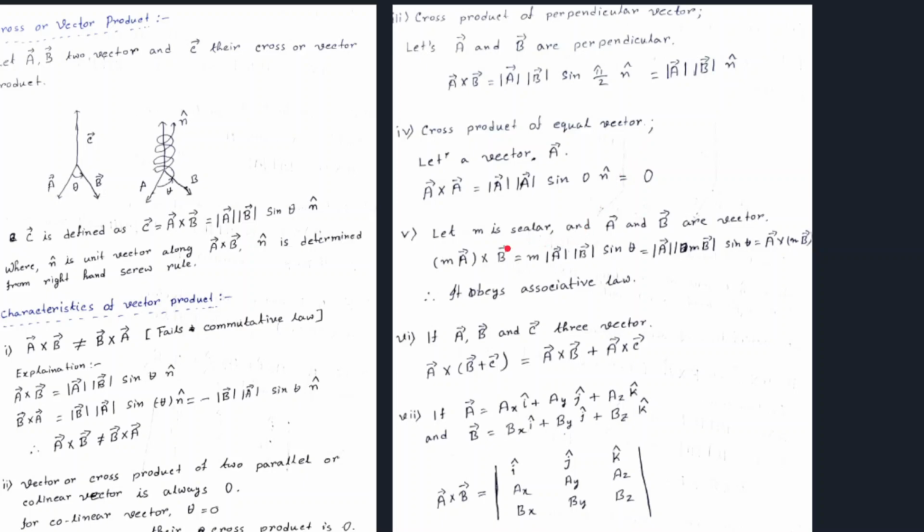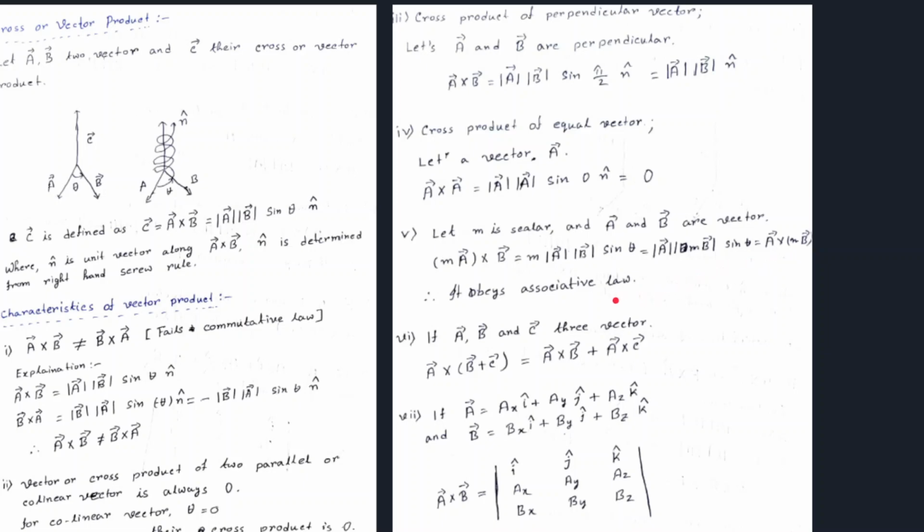If m is a scalar and a and b are vectors, then m a cross b can be written as m mod of a mod of b sine theta. We can write it as mod of a into m cross b, which we already learned, because m is a scalar, and sine theta. It can be written as a cross m b. So it follows the associative law.